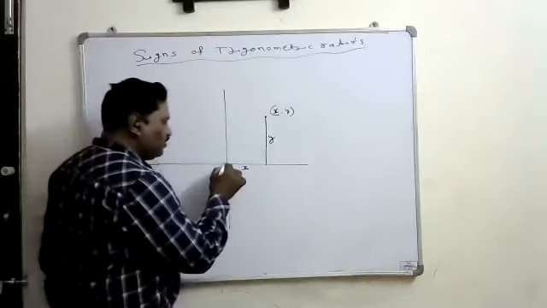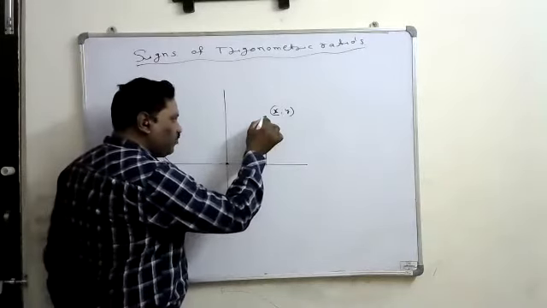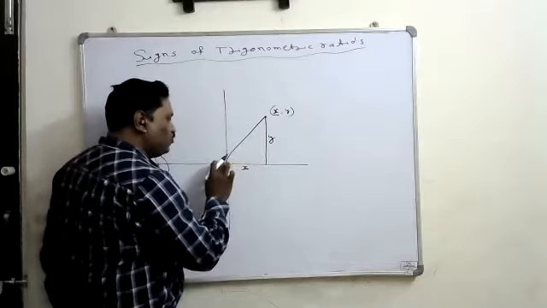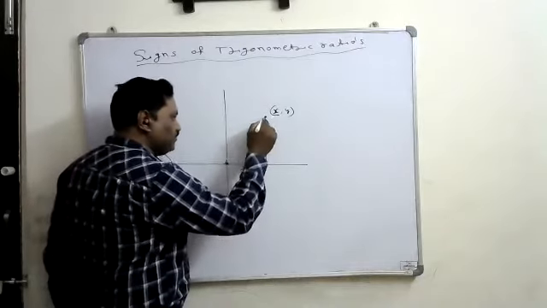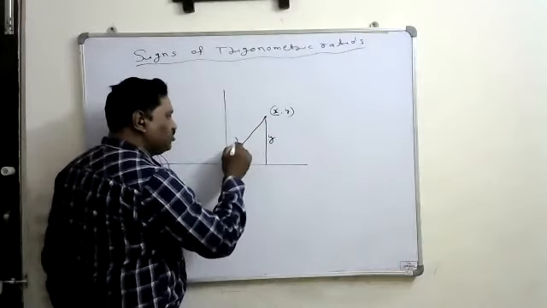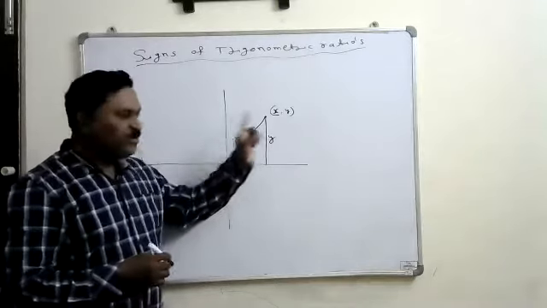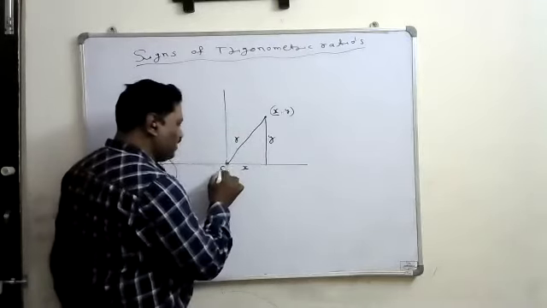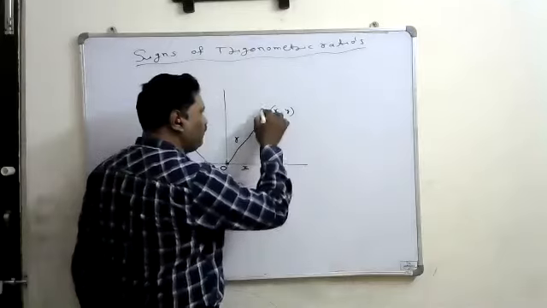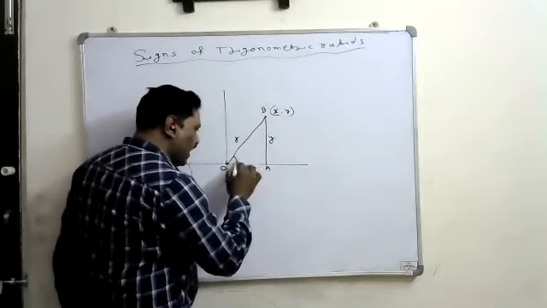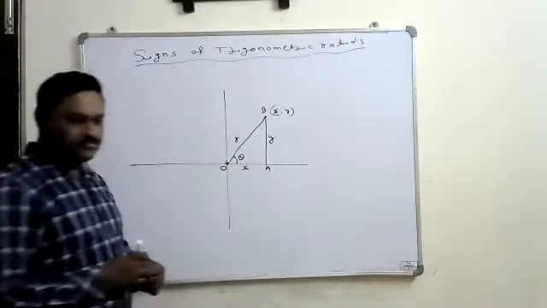Now this is the origin. If you join this point to the origin, let us assume this distance is r units, the distance from the origin to that particular point. So take this O, A, B, and this is the angle theta.